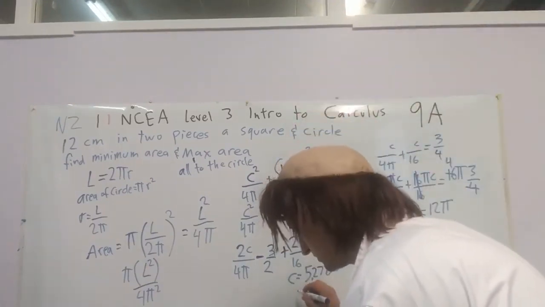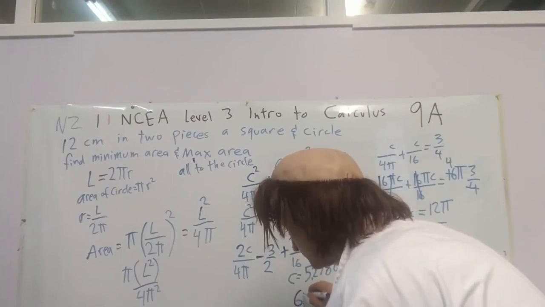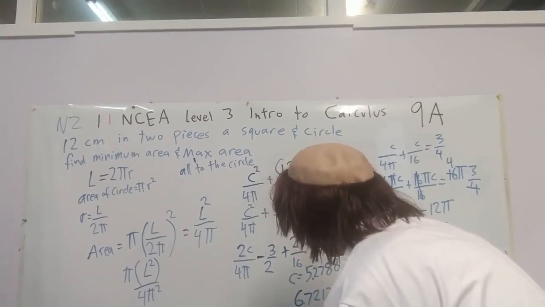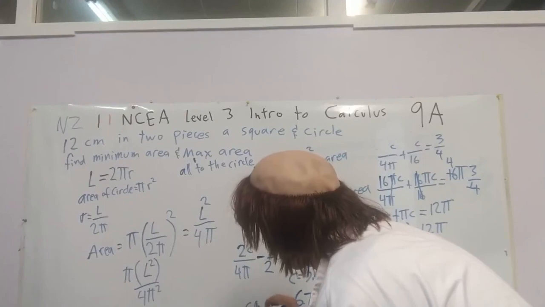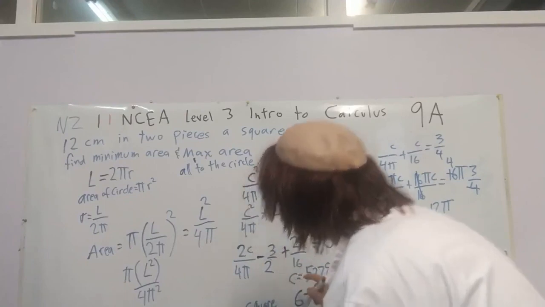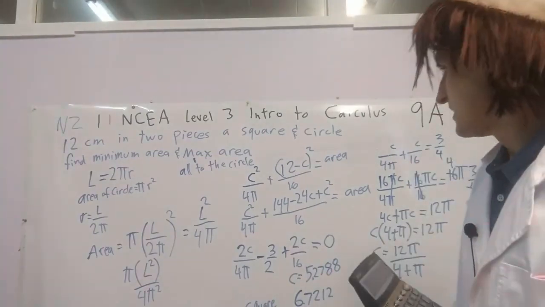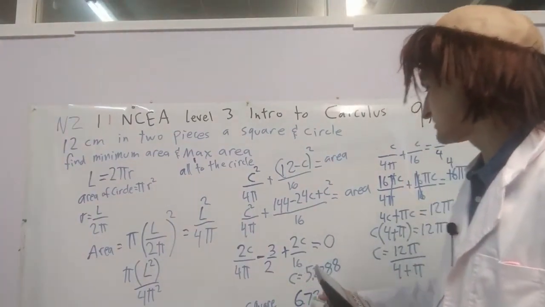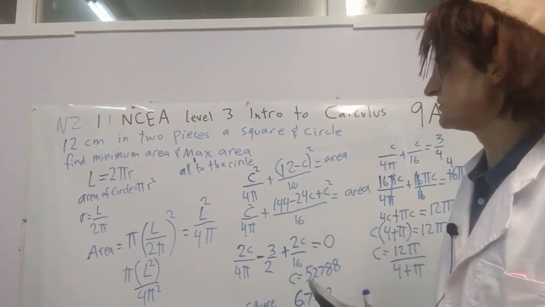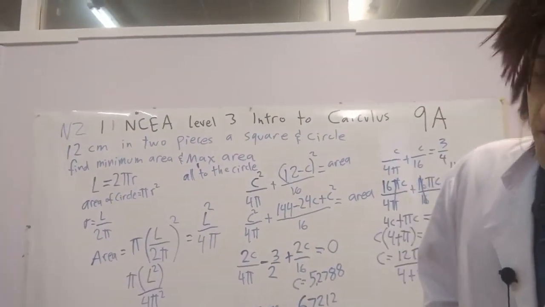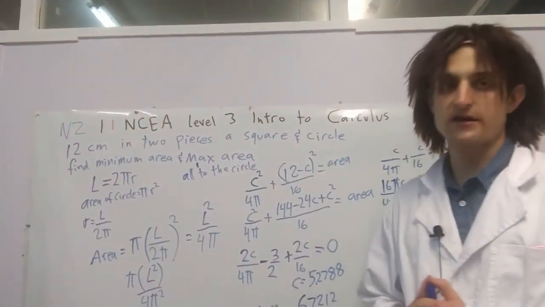So to the square, you'll need 6.7212 for the square. So to the circle, give 5.2788, and to the square, give 6.7212 centimeters, and then you'll have a minimized area.